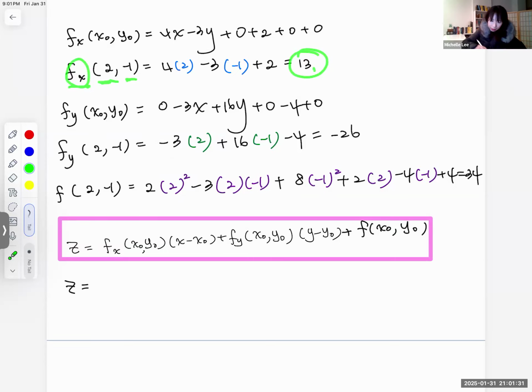So we have 13 times x minus x naught, which is 2, plus the partial derivative with respect to y when x naught equals 2, y naught equals negative 1, we get negative 26. So we have negative 26.